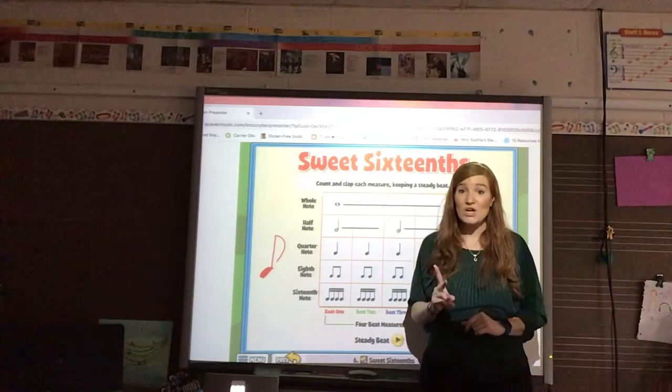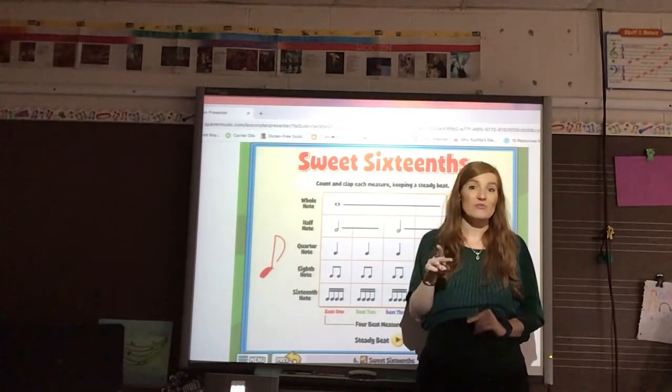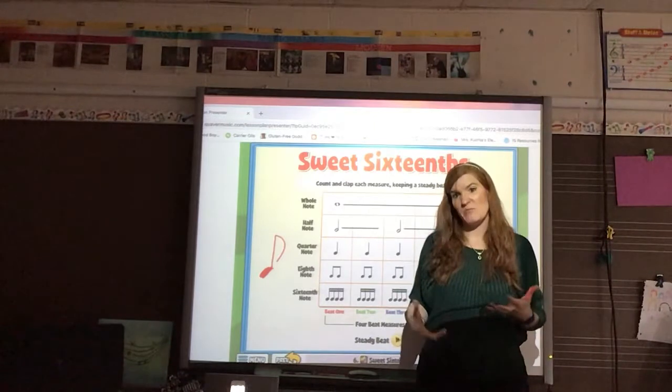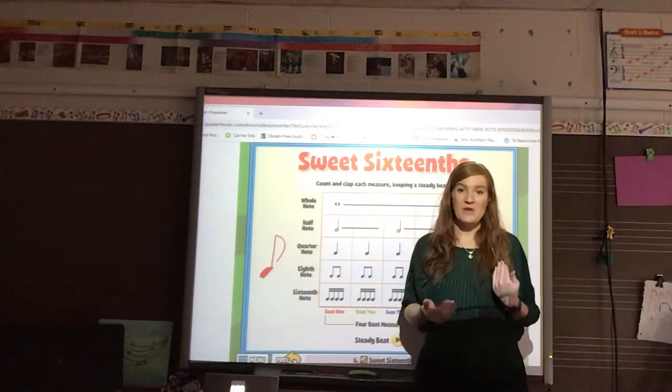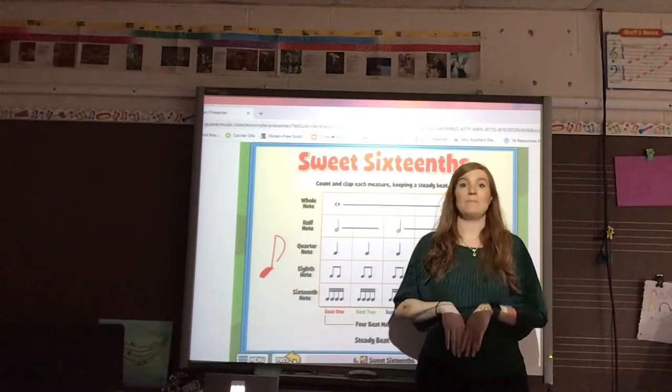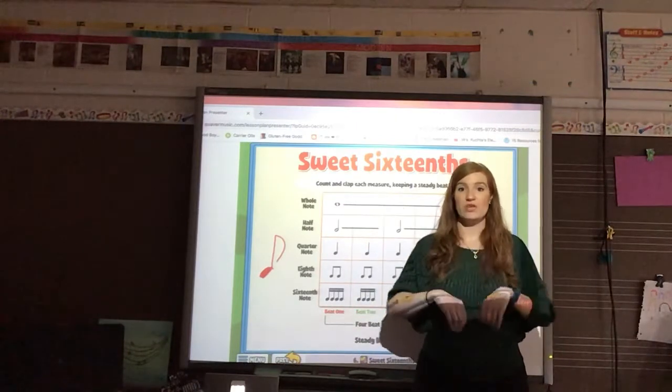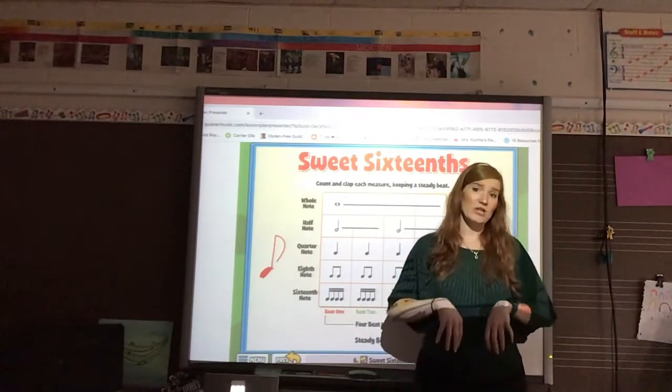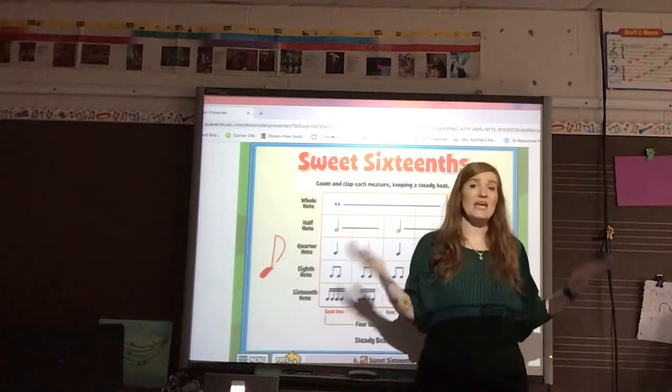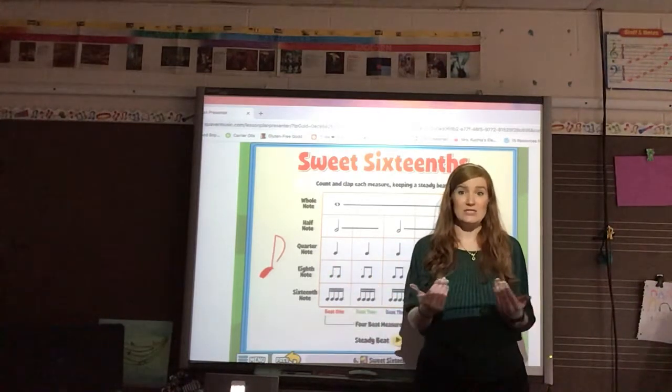If you remember, in our Quaver movie, there was that alien spaceship. They were trying to shoot down the alien notes that were coming. They blasted them down. They started with a whole note, then it went to 2 half notes, then it went to 4 quarter notes, and then 8 eighth notes, and the last one was the 16th notes.